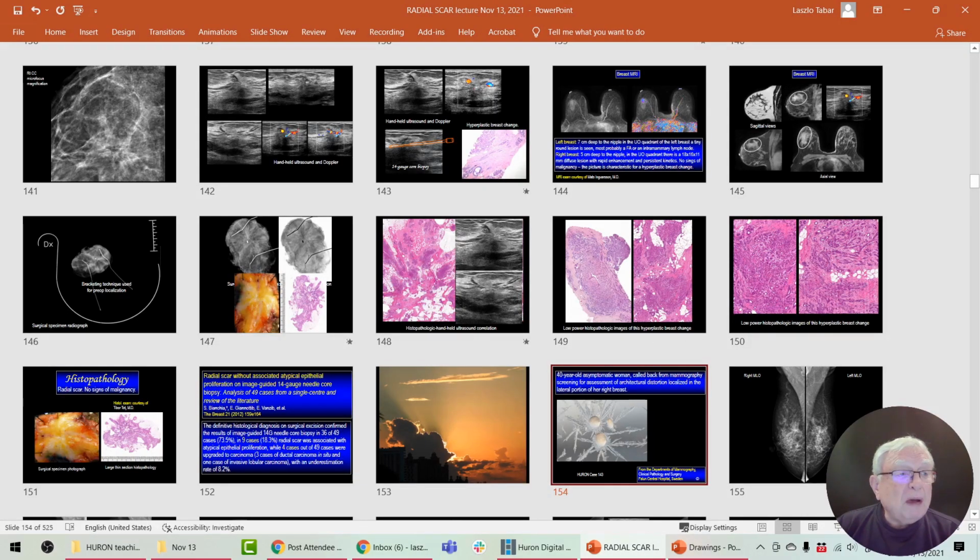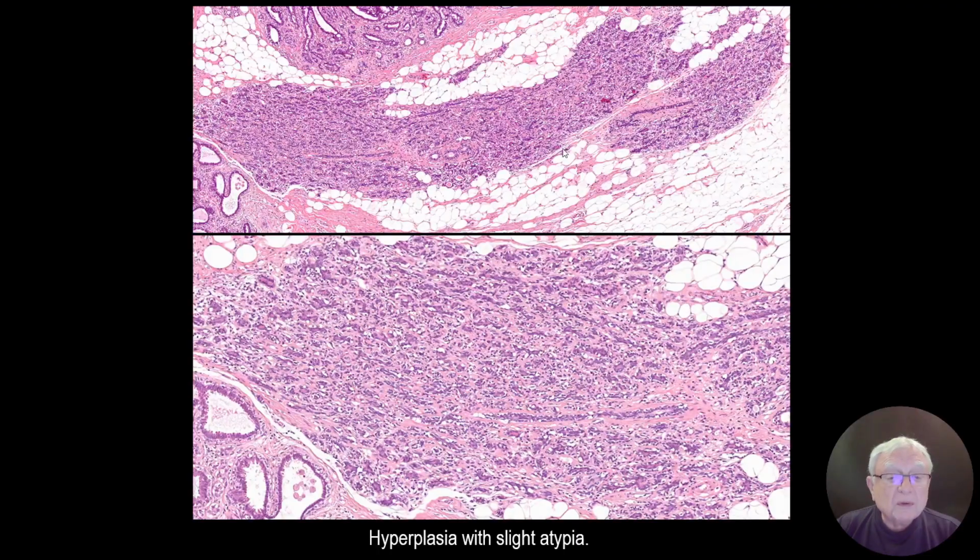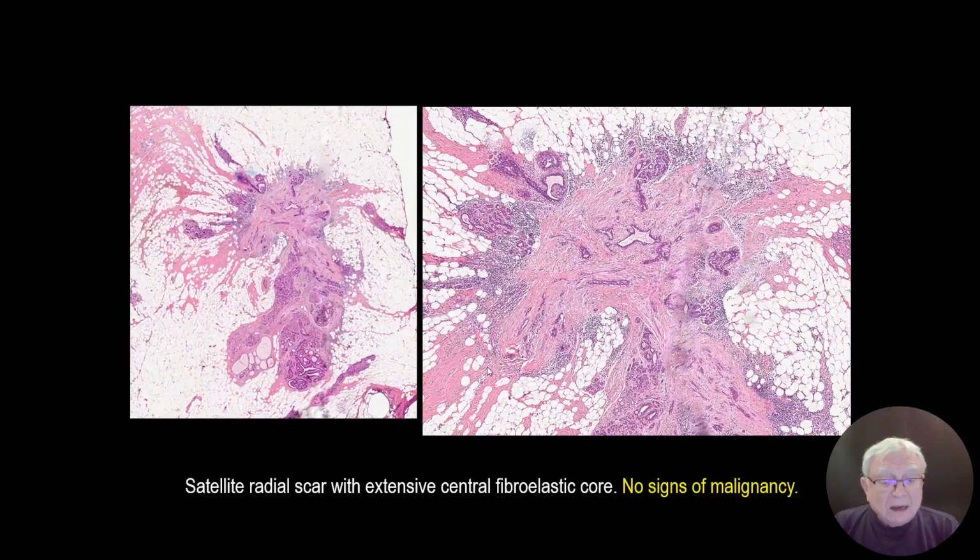We are going to go back there, and then we are going to find out what the pathologist says. You see, I just showed you this tiny little thing, and now we are going to magnify both of them. Here is slight atypia. Now, slight atypia is an expression that shows that there is an enormous uncertainty. Eventually, there is no carcinoma here.